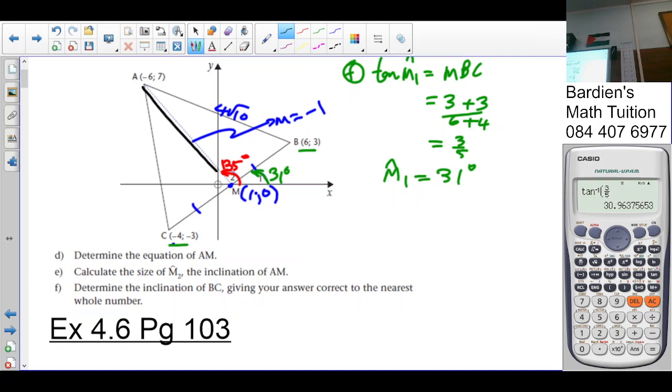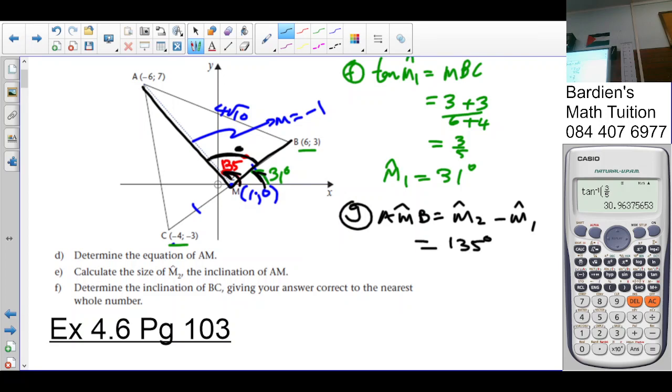But AMB, the size of this angle, will be M2 minus M1. Can you see that? The size of M2 minus the size of M1 will give you that angle that you're looking for. So that would simply be 135 degrees minus 31 degrees, which gives you 104 degrees.